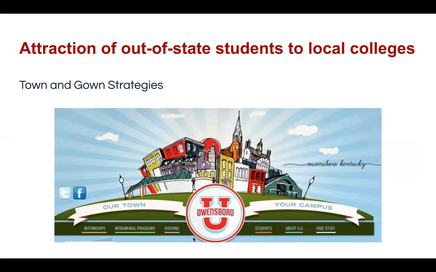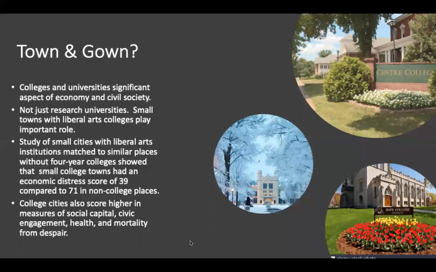And the town and gown model is an effective strategy because colleges and universities are really significant players, and not just big research universities, but in many cases, small liberal arts colleges are some of the most vibrant and provide really the best opportunities. And so looking at these communities, a very large proportion of them have liberal arts colleges, and ways that they can connect are hugely important.